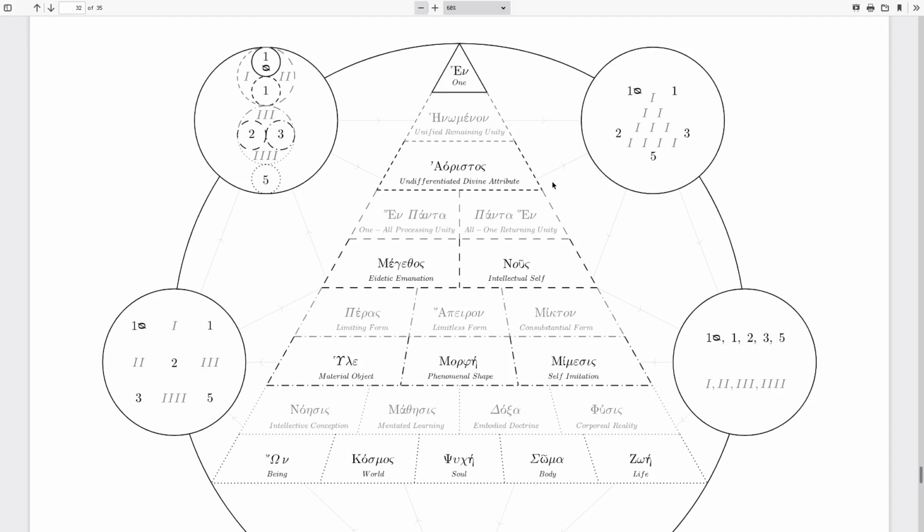And the reason behind that in this ordering is so that I want to explain or even posit that the Godhead Trinity part or the one in its activity is ultimately undifferentiated divine attribute of the one.